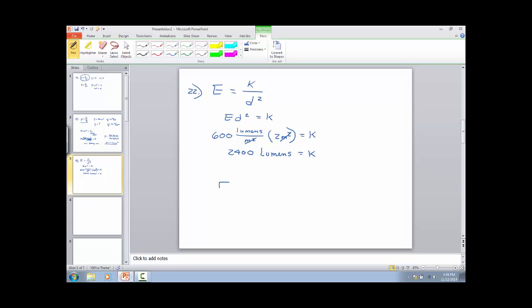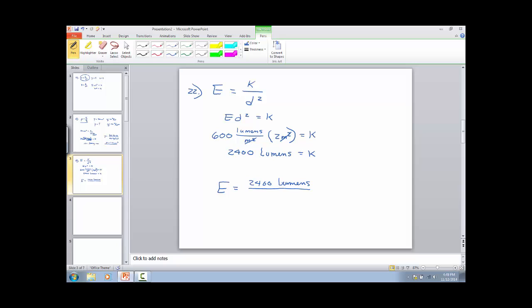So we want to find out the illumination. That was E. Okay. Probably would be best if we wrote down what each letter stood for. Then we won't get stuck with the wording. And we have K, which is 2400 lumens. That looks pretty terrible.